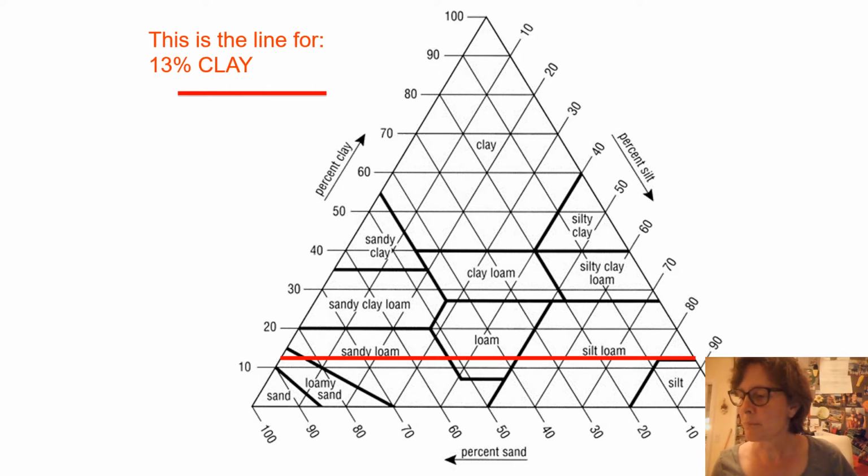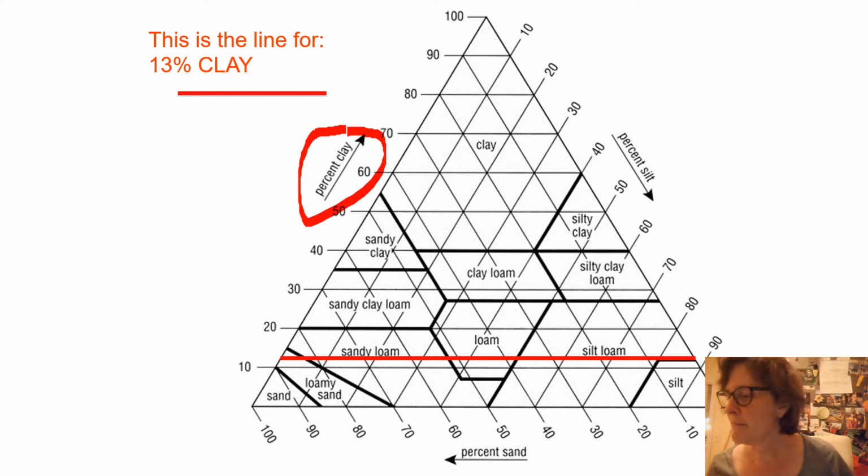Notice it says percent clay on the left side of the triangle, and the numbers go from 0% down at the bottom to 100% at the top. You draw a line like the red one that intercepts the clay line at 13%.